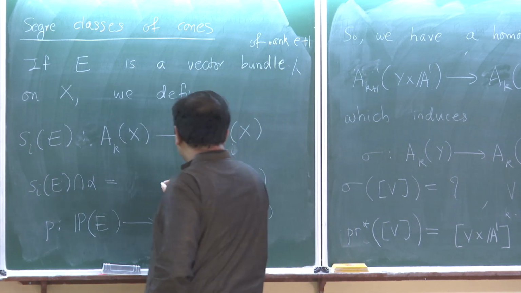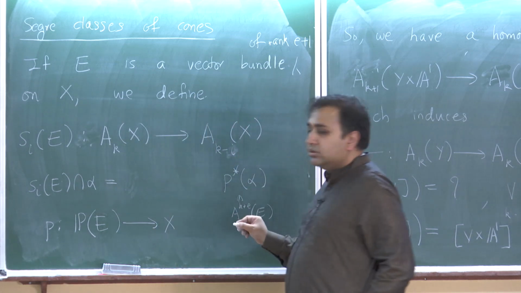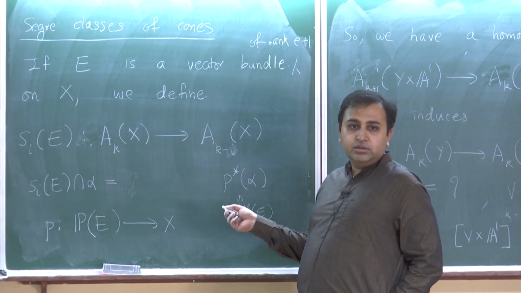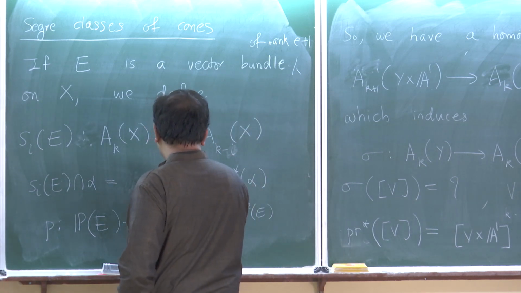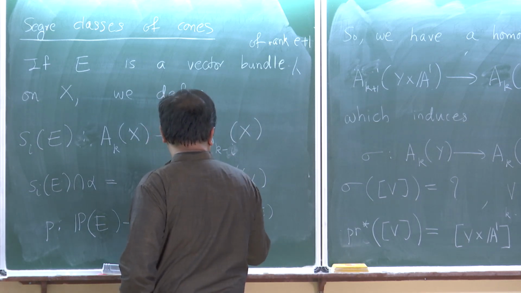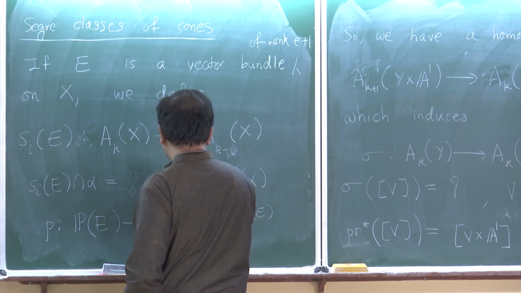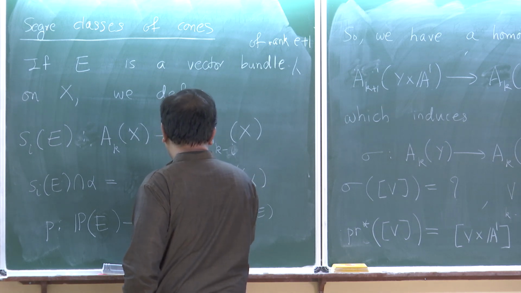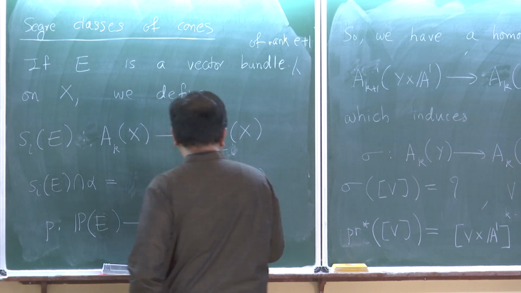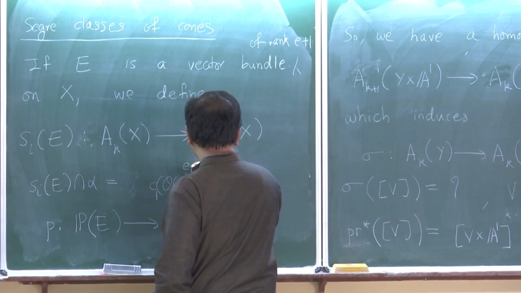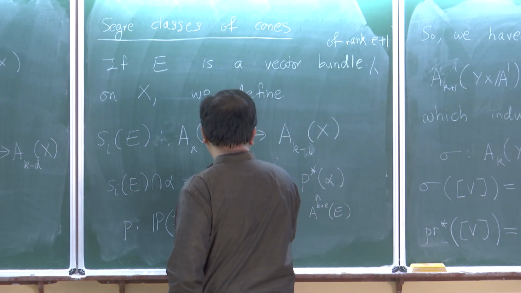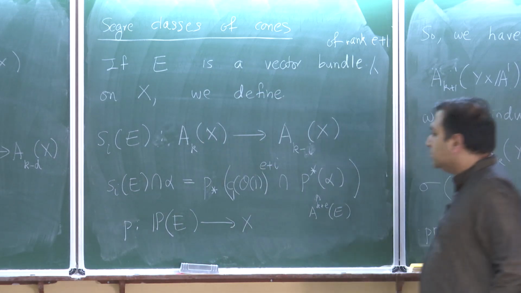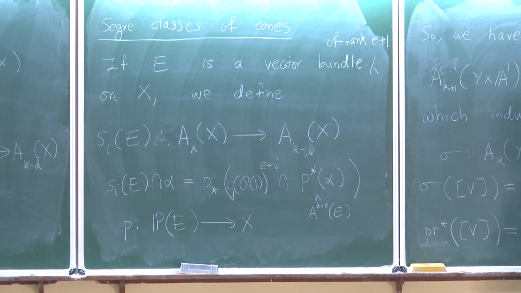Then I intersect it with the Chern class of O(1) as many times as I require to make the dimension drop. I have to do this e plus i times, and then I push forward. So this is what we did.